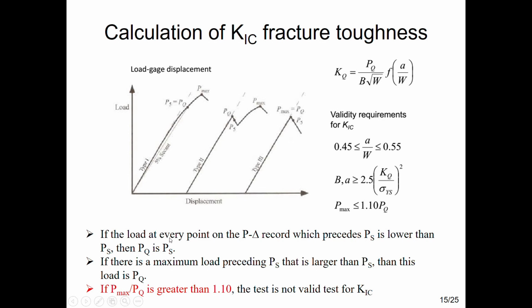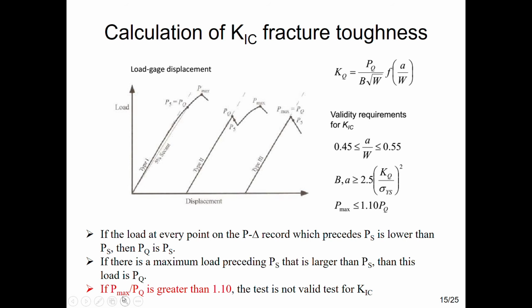If the load at every point on the P versus displacement record which precedes PS is lower than PS, then PQ is PS. If there is a maximum load preceding PS that is larger than PS, then this load is PQ.